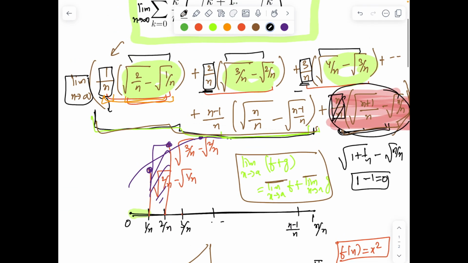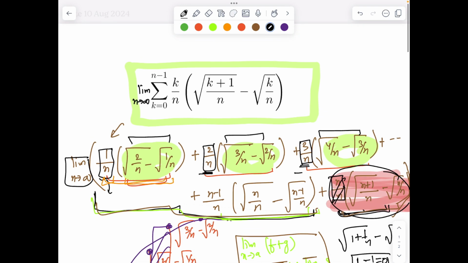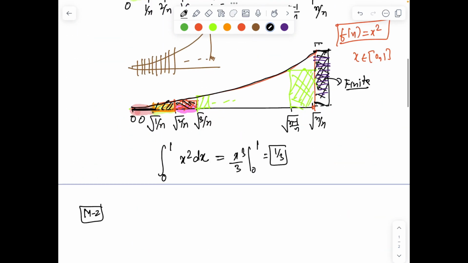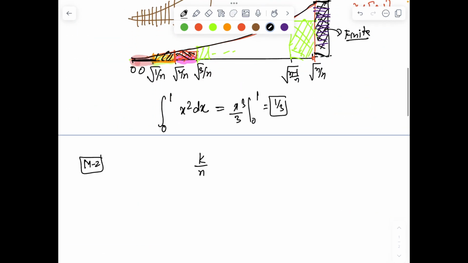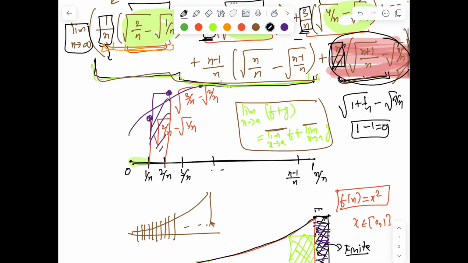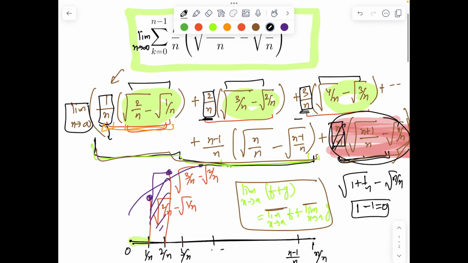Now there can be another way of doing this, the way you used to do Riemann sums for your JEE preparation in your coaching institute. Usually you will replace k by n with x and 1 by n with dx. Why you are doing so is already explained in method 1, so that's the logic for this.